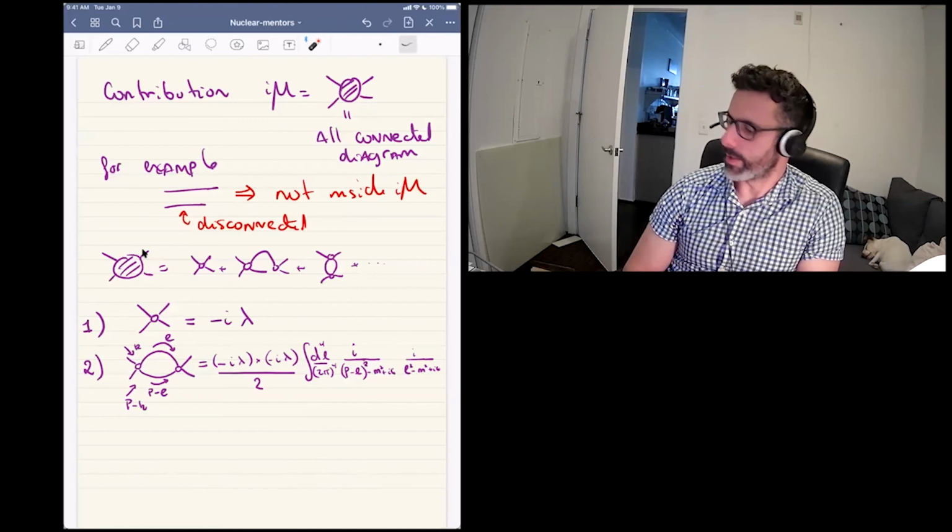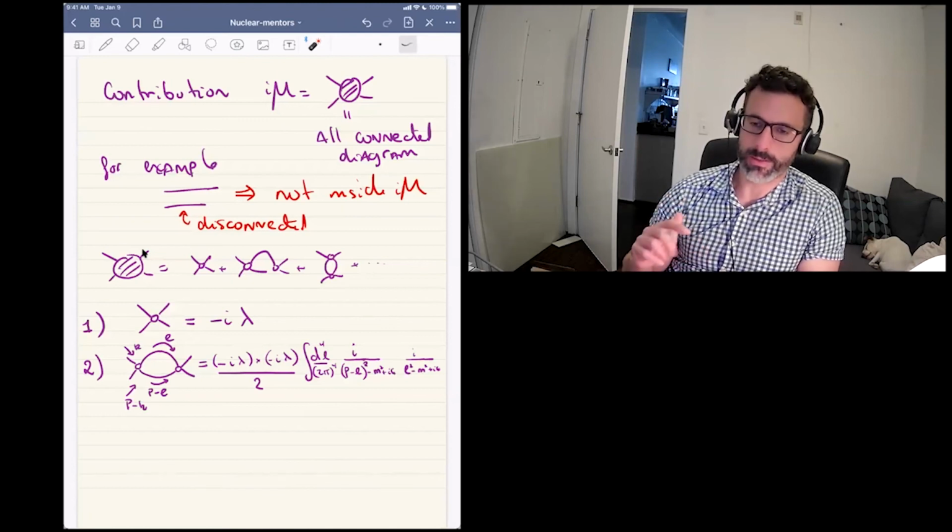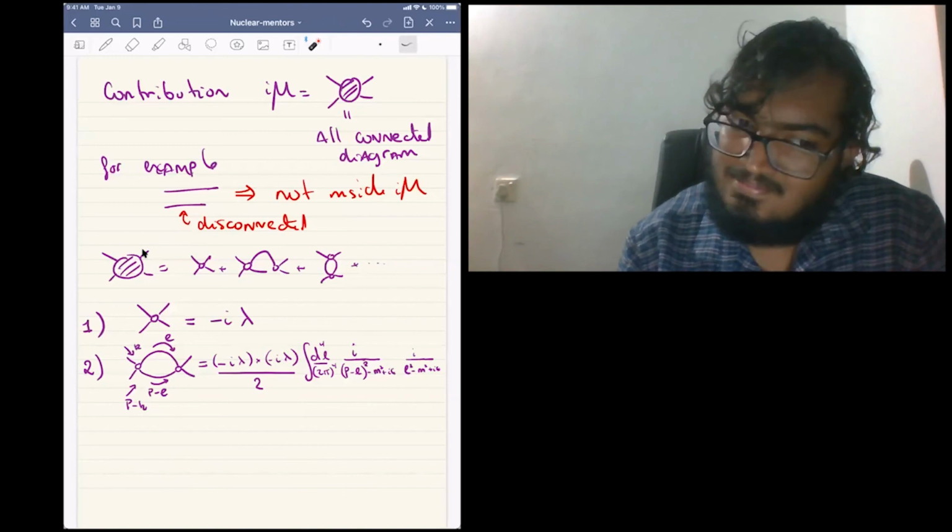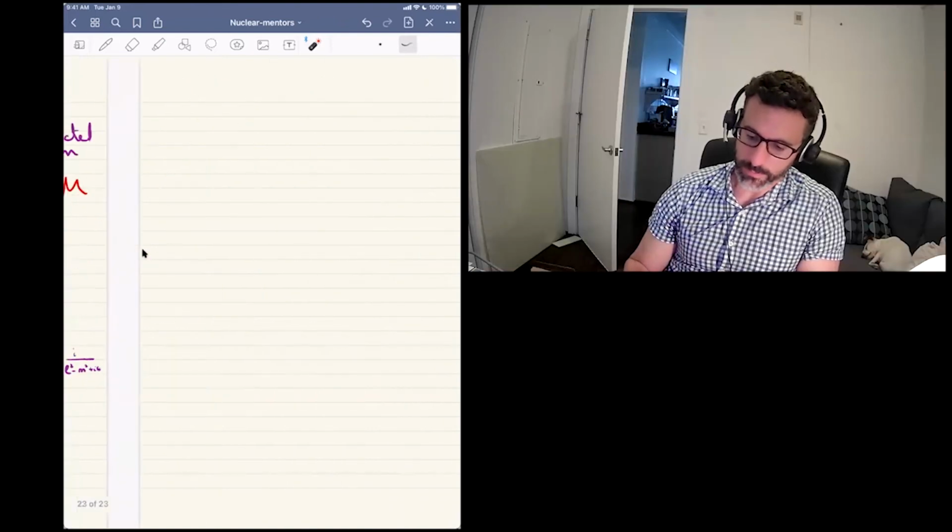No. Okay, so maybe the question more generally is how does this relate to scattering amplitudes that have resonances? Is that what you're trying to get at? Probably, yeah. Okay, so that's trickier.